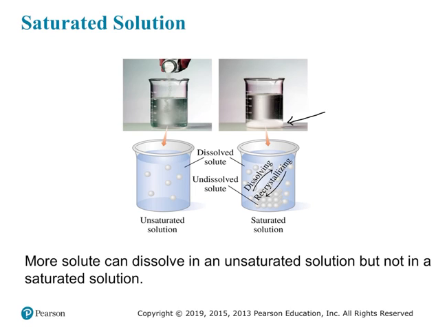Again, some of the crystals at the bottom can dissolve, but when they do that, they replace some of the dissolved solute molecules, and those are going to crystallize. This is just to show you what's happening at a small scale within a solution.